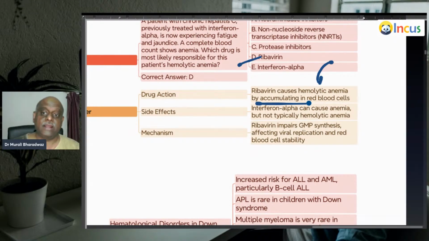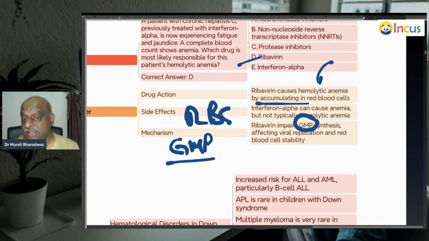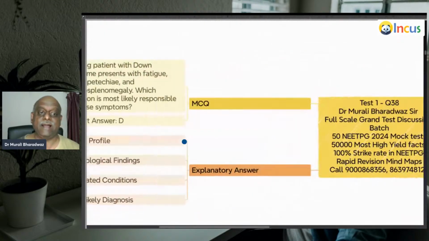Interferon alpha can cause anemia, but not typically hemolytic anemia. Ribavirin impedes the GMP synthesis. That is the main mechanism. GMP, guanosine monophosphate synthesis, that affects the viral replication. At the same time, it also will affect the red blood cell stability, hence lead to development of hemolytic anemia.